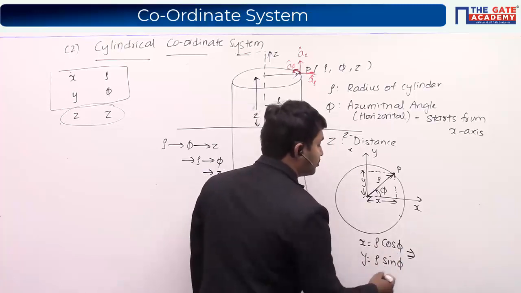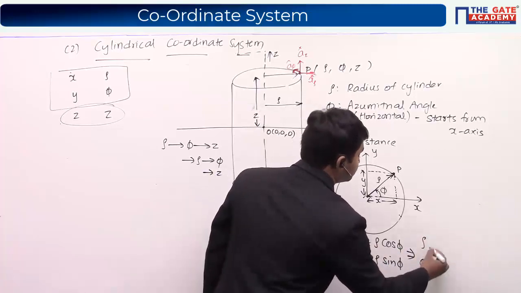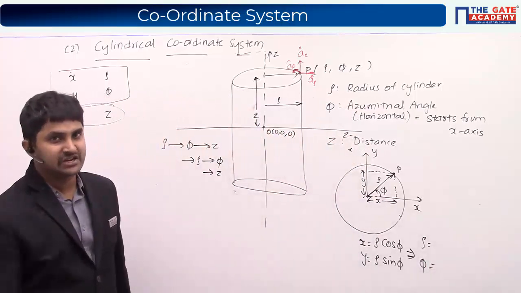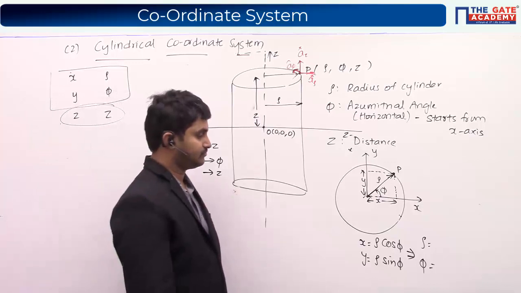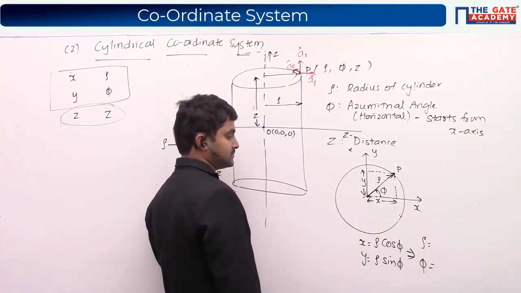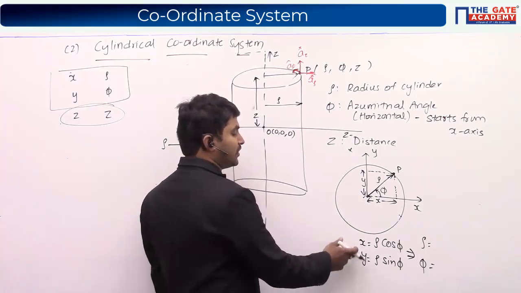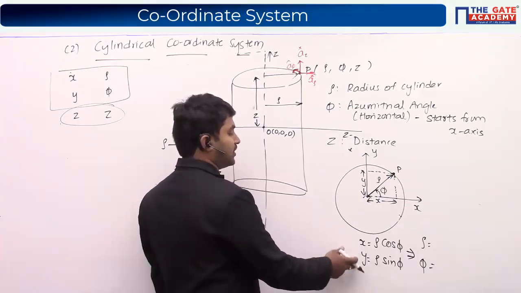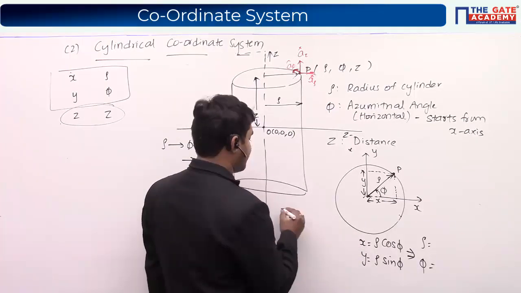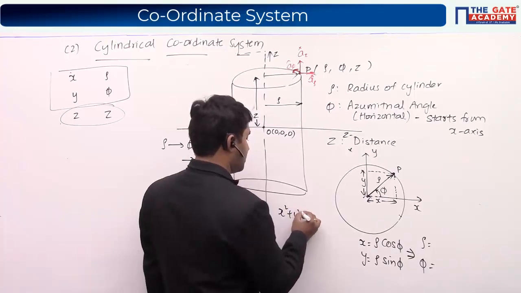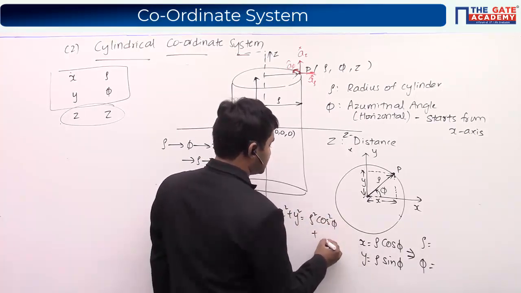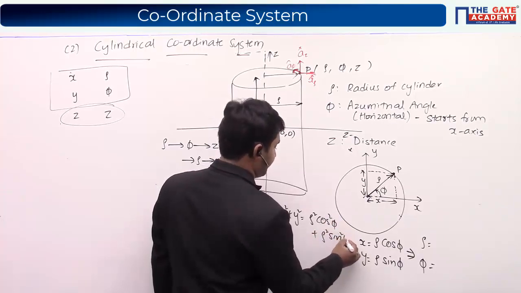What if I want to write rho and phi in terms of x and y? How can I write it? Very simple. I am going to square both of them. x square plus y square is equal to rho square cos square phi plus rho square sin square phi.